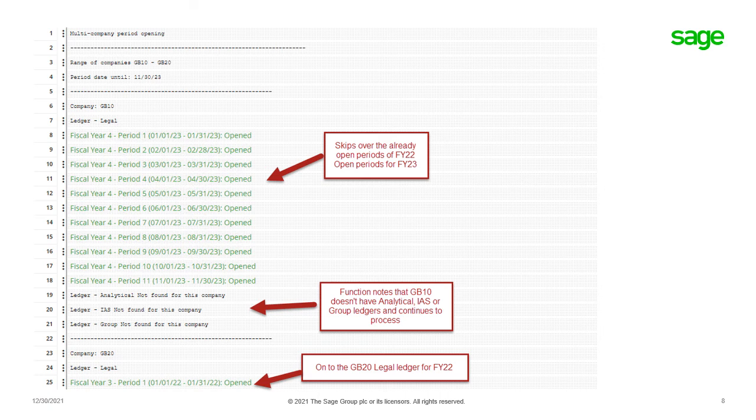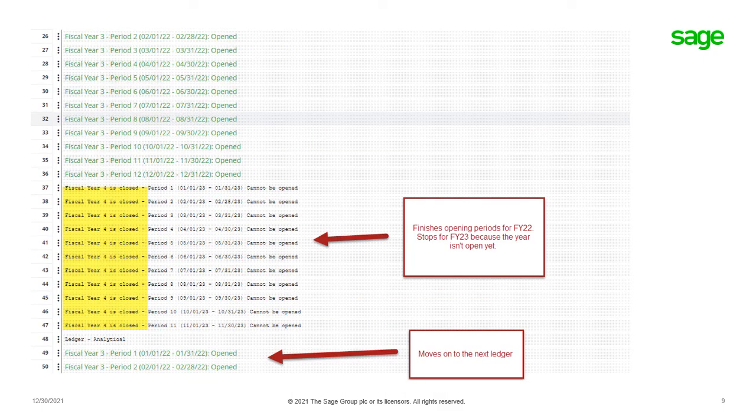Then it moves on to GB20 with its legal ledger and fiscal year 22. On the next page here, we finish up with fiscal year 22 for GB20, and then it comes to fiscal year 23, which, as we stated earlier, isn't opened.